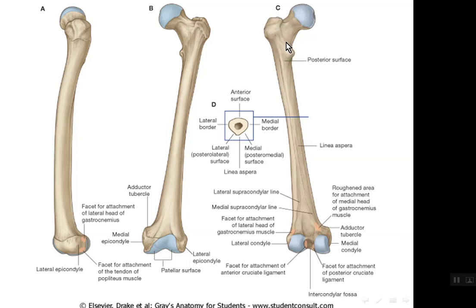Between the greater and lesser trochanter, in the anterior and posterior aspects, we have two elements. First of all, in the anterior aspect of the femur, we can see a line. The line which connects the greater trochanter to the lesser trochanter is the intertrochanteric line.